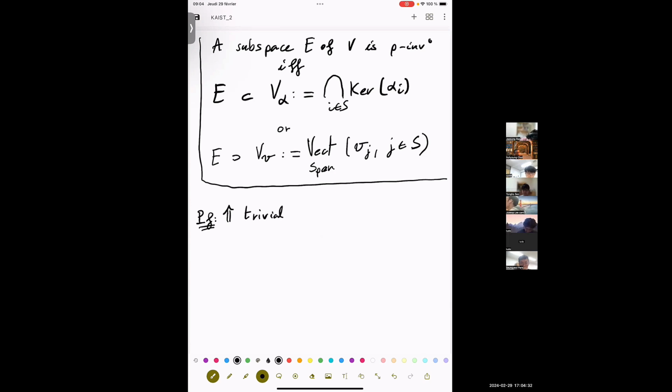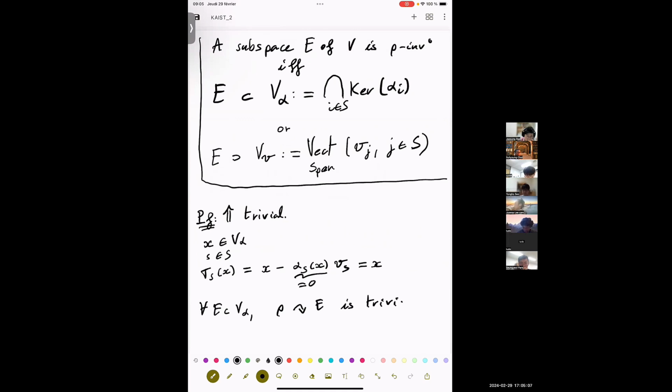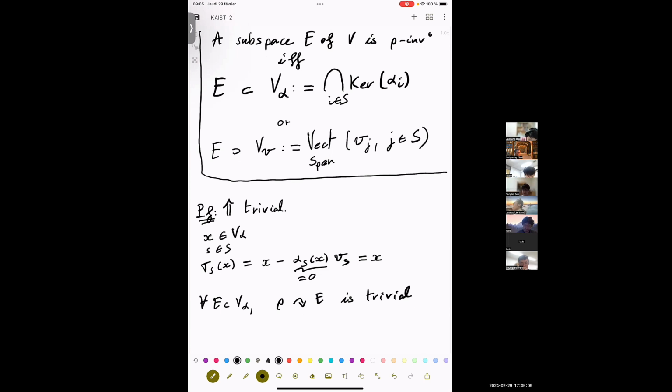If you take an x in V_alpha and you take an s in S, then sigma_s(x) is x minus alpha_s(x) v_s, but this is equal to 0, so this is x. So for any space included in V_alpha, the action of rho on E is trivial. So in particular, it's preserved. It's even more than preserved, the action is trivial.